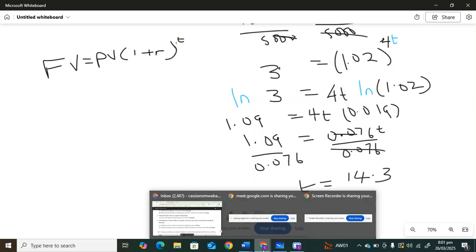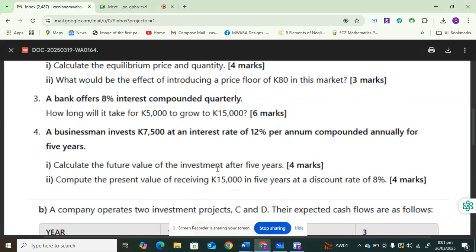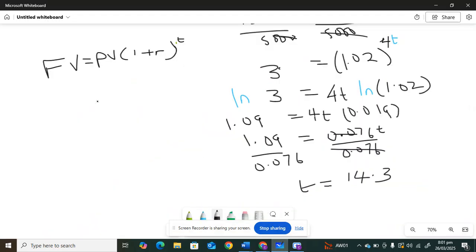Okay, so we substitute because we want to find the future value. The present value 7,500, the rate 12%, in percent 0.12.